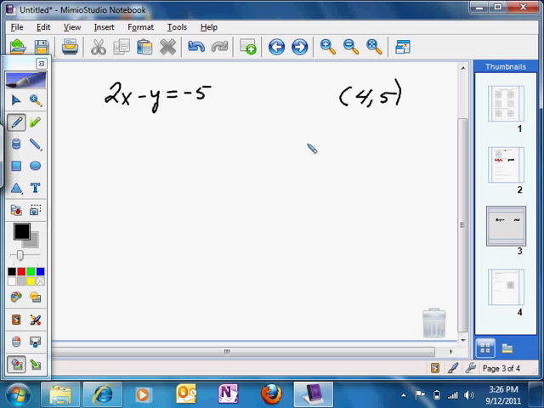Now, before you can write an equation of the line in slope-intercept form, remember, y equals mx plus b, where m is our slope, the number in front of the x, and b is our y-intercept.